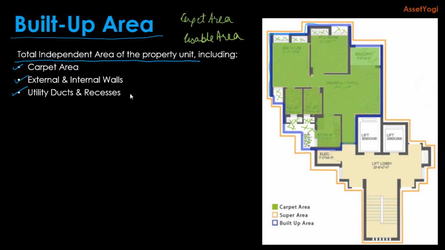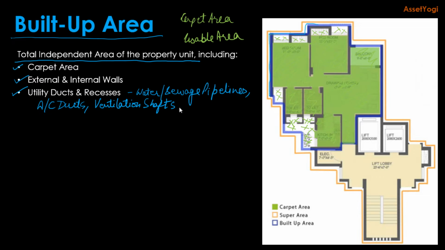Now these utility ducts are basically for water and sewage pipelines. Let's call it water sewage pipelines. Then AC ducts, ventilation shafts, then recesses for doors and windows.